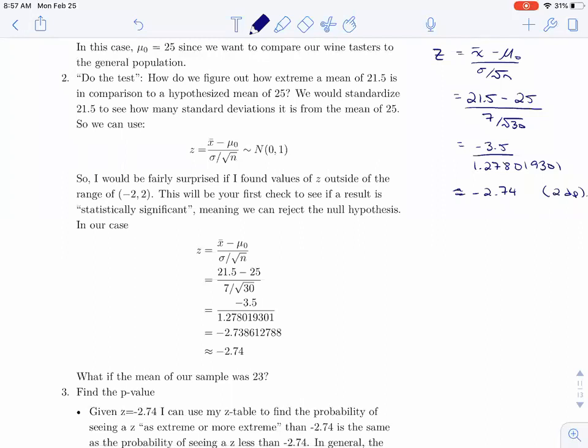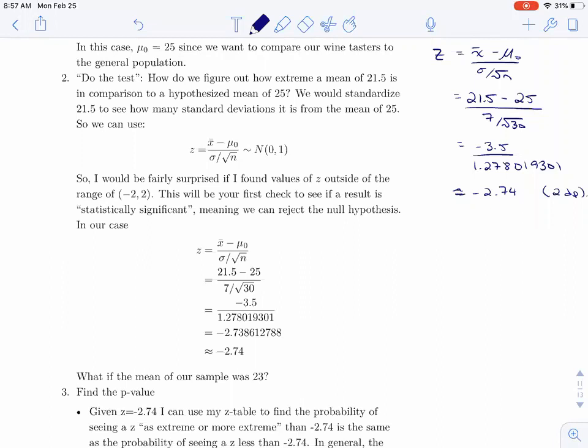As a rule, we said that any Z score more than 2, in either direction, will be considered extreme. So just as a check-in point, because we have a Z score of negative 2.74, we already suspect that we're going to be rejecting the null hypothesis.